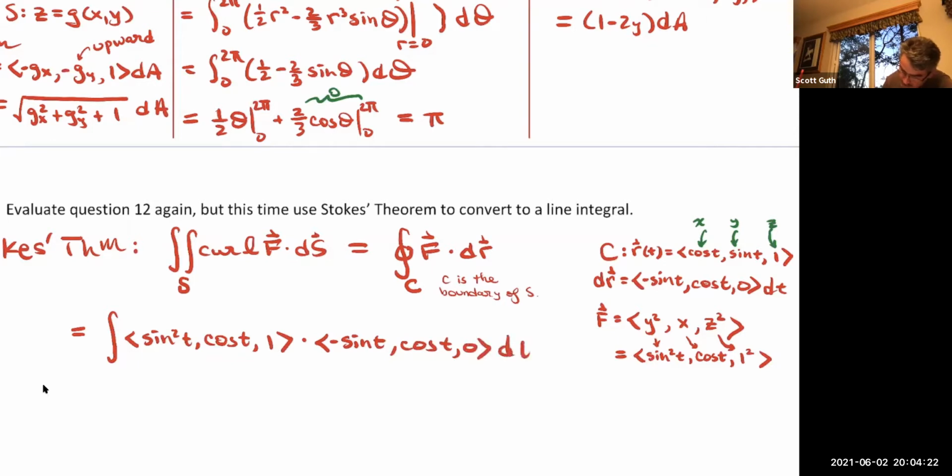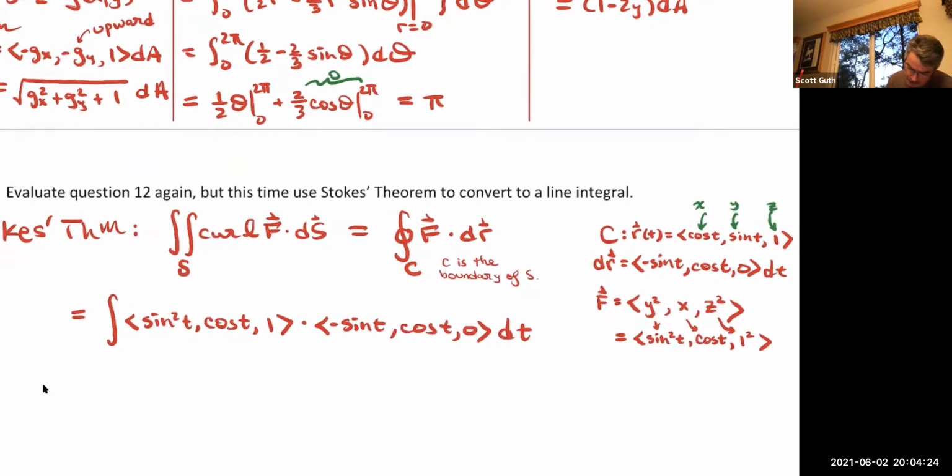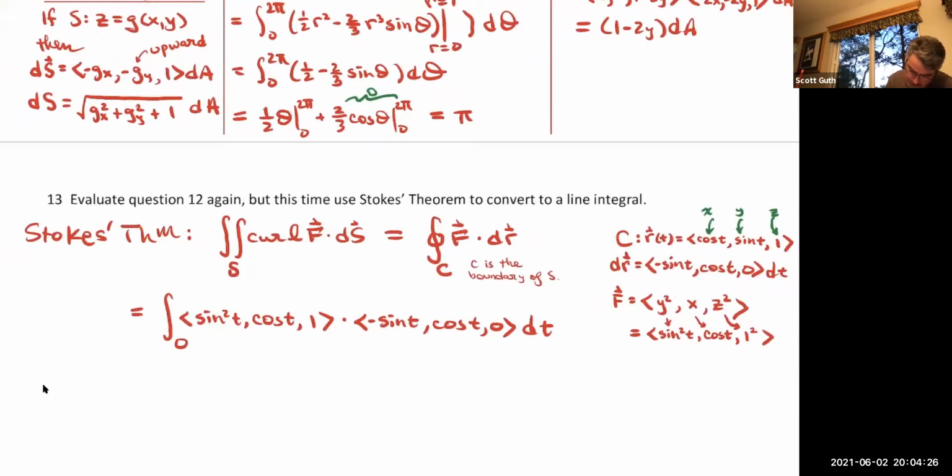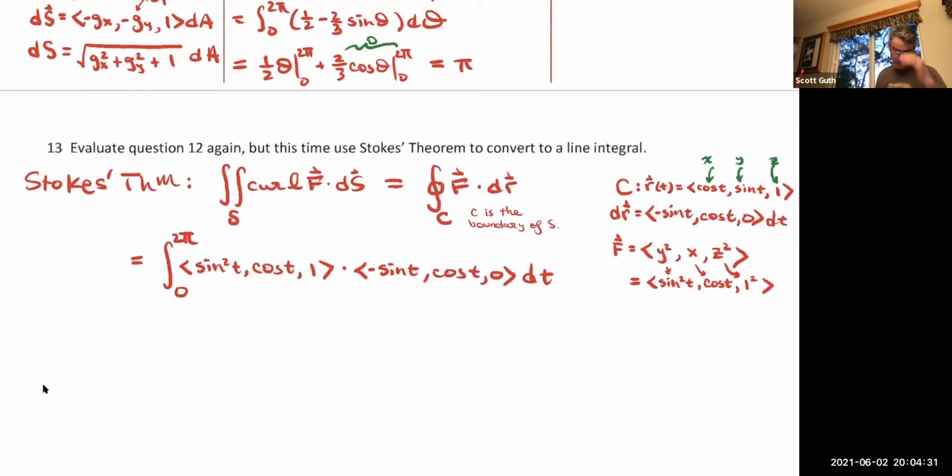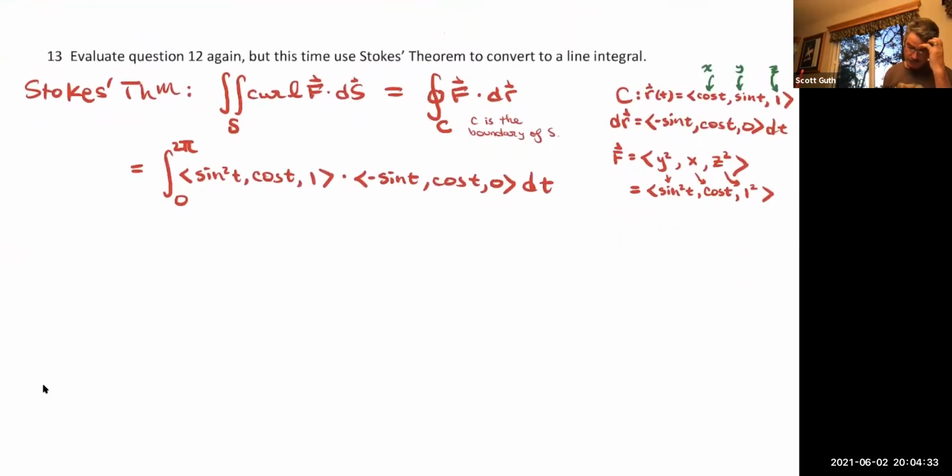And as before, we're going around a circle of radius 1, so it'll go from 0 to 2 pi on t. So any questions there? Okay, so let's do that dot product here. So we're going to get an integral from 0 to 2 pi. You're going to get a negative sine cubed t, yuck, plus cos squared t, and that'll be dt. Okay, any questions there?